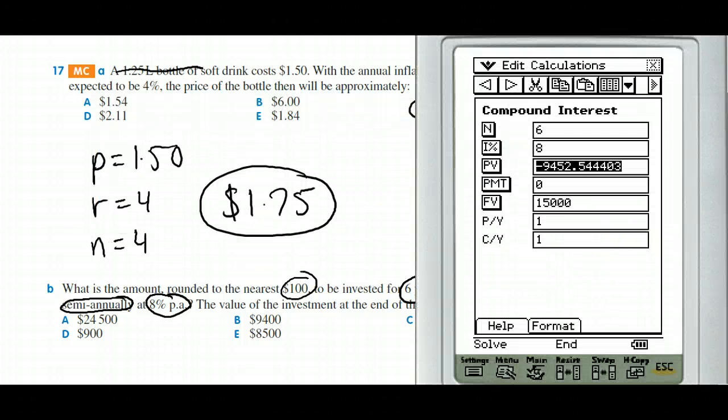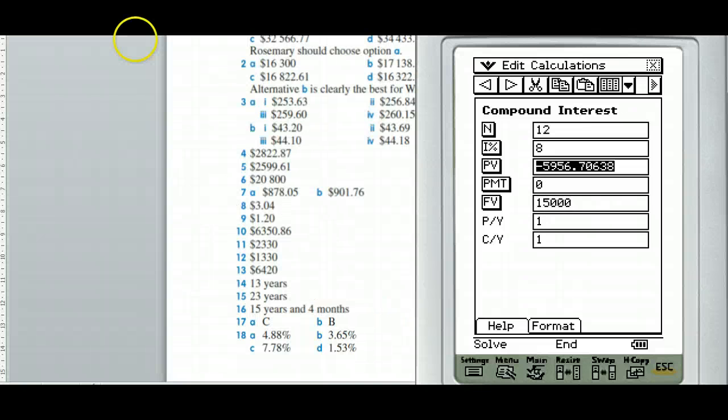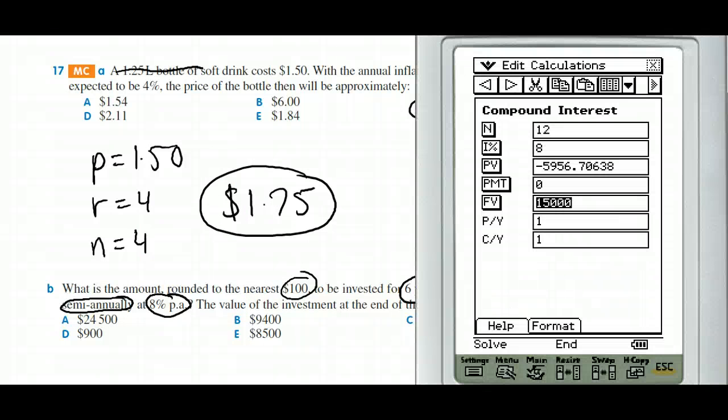So if we put those values into the calculator, N is 12, I is 8%. The final amount is 15,000, and the number of payments per year, we've got to change those to 2 because it's semi-annual, it's happening twice every year.